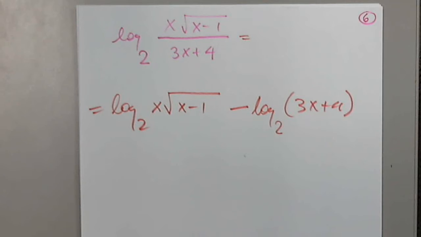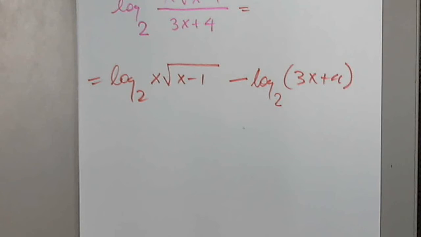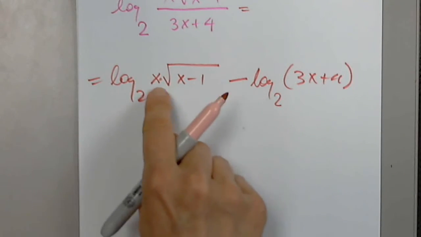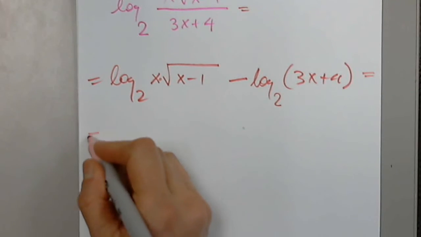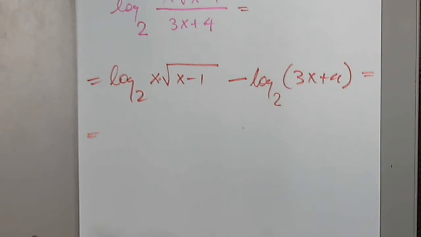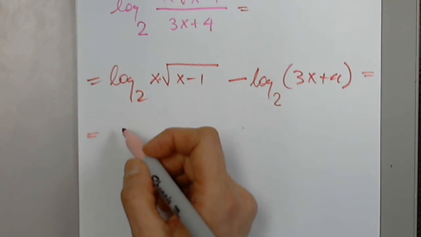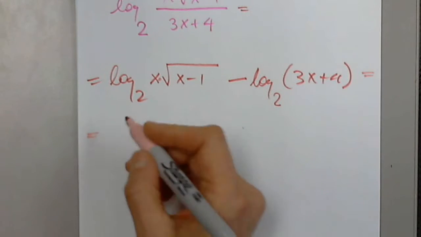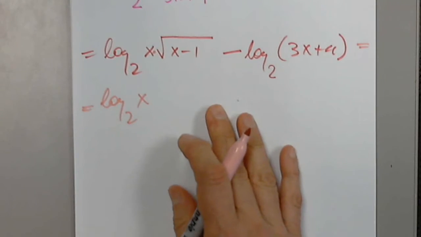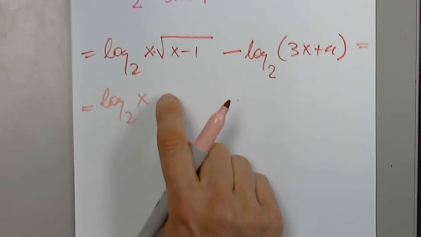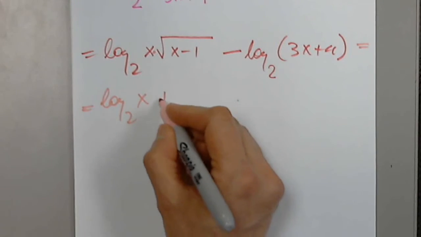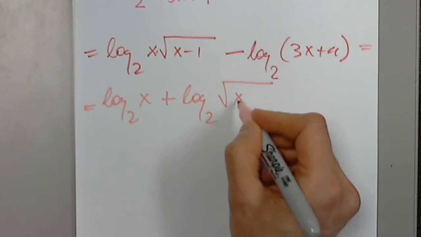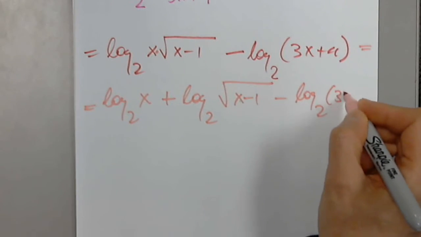I think you can get rid of that radical. First of all, I have a product. Before I even look at the radical, I have a product of these two quantities. How do I proceed? x times root of x minus 1: log base 2 of x, plus log base 2 of the square root of x minus 1, and minus log base 2 of 3x plus 4.